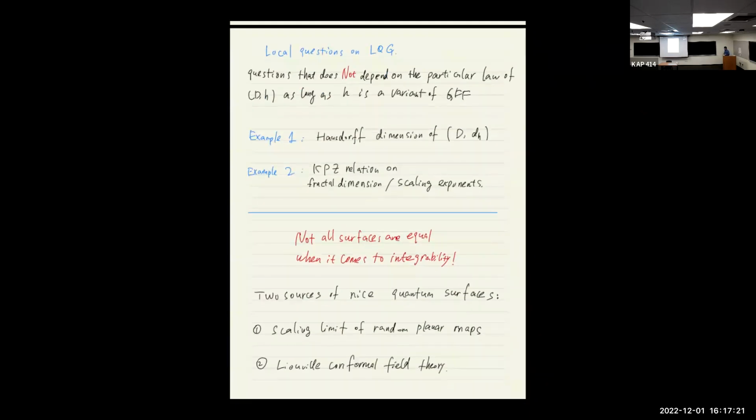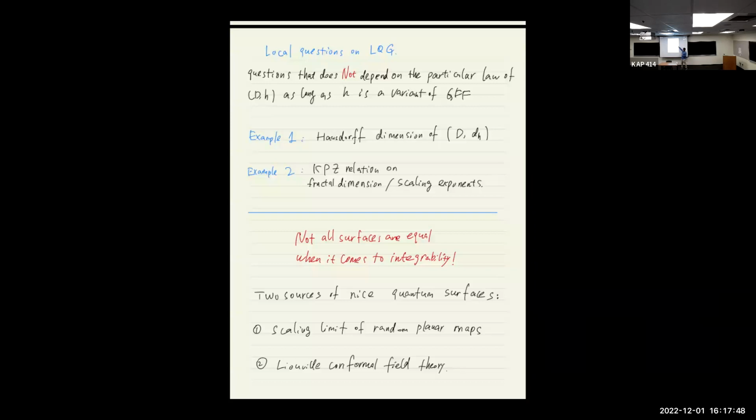Also, for the purpose of this talk, I want to classify the questions about Liouville quantum gravity into two kinds. The first kind is what I call local questions. By local question, I just mean that it doesn't really depend on what kind of variant of Gaussian field you consider. It only concerns local behavior. One of the typical questions is, what is the Hausdorff dimension of this metric space?